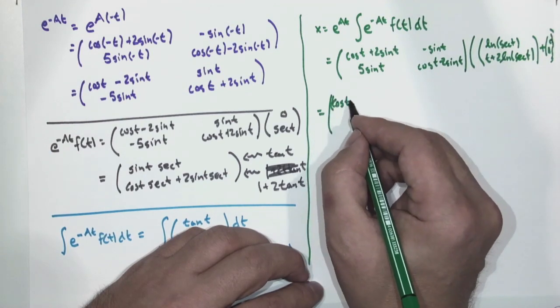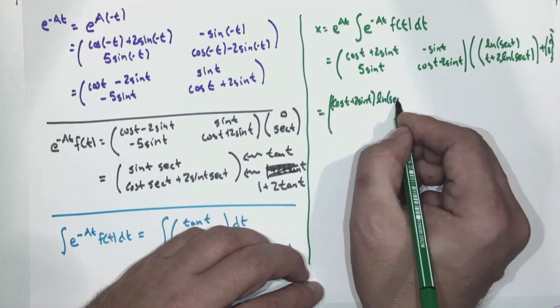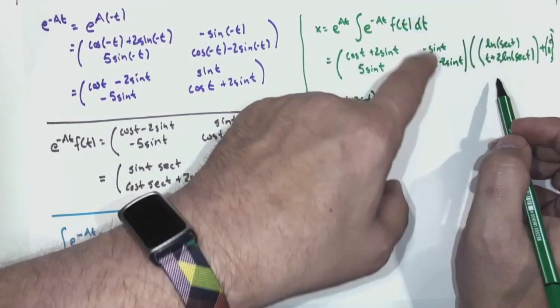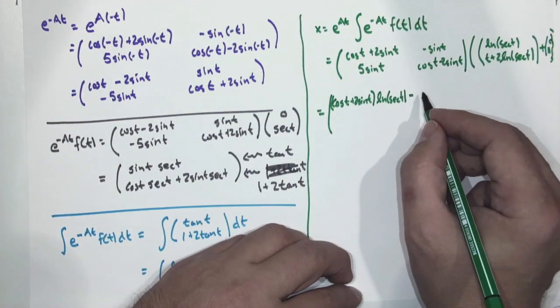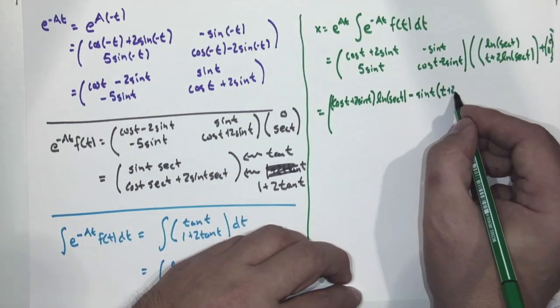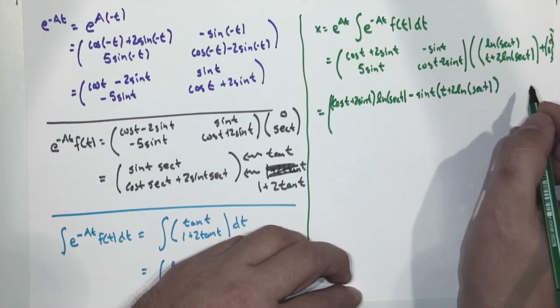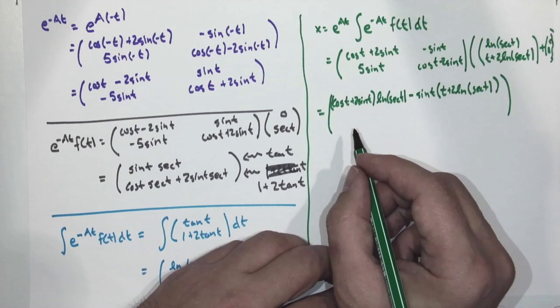You have cosine t plus 2 sine t times log of secant t, minus, then you have sine t times t plus 2 log of secant t. We'll come to the other part in a minute.